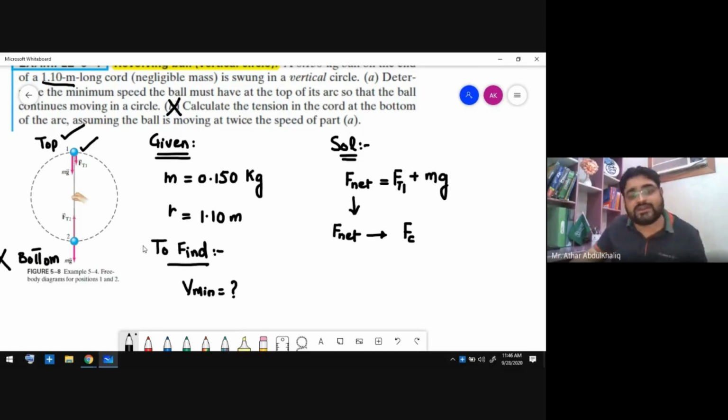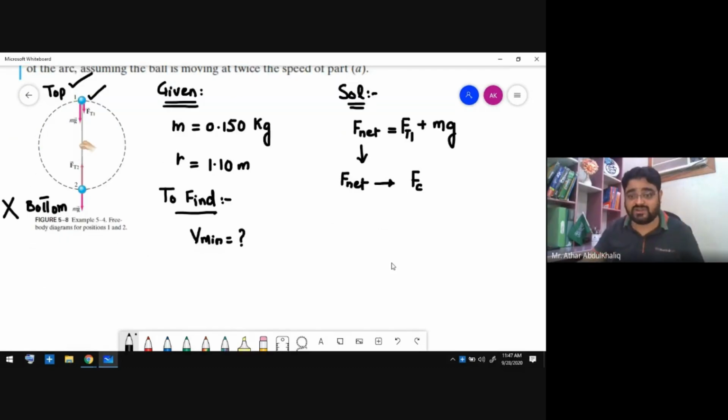So we call it centripetal force. I will write F net is equal to F_C is equal to F_T1 plus mg. What is the value of F_C? m v squared over r.